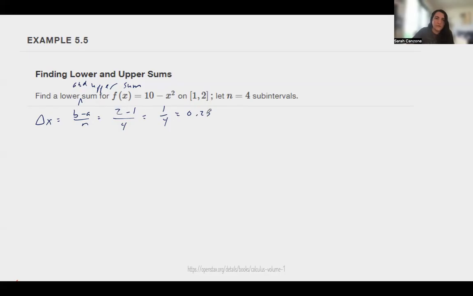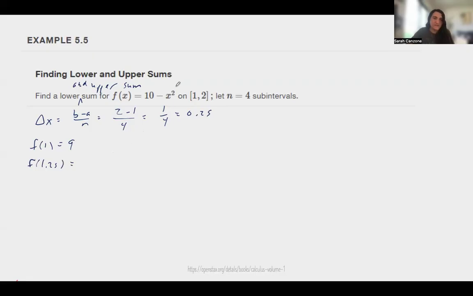Now, we know that we need to increase in increments of 0.25 from 1 to 2, and we need 4 subintervals. So we're going to find those values now. We need to start at 1, so f at 1, and we plug that in here. 10 minus 1 squared is just 10 minus 1, which is 9. Now, I know I'm increasing by 0.25, so I need 1.25.